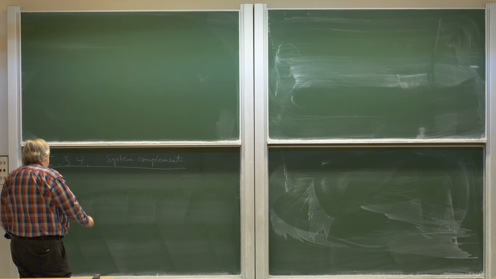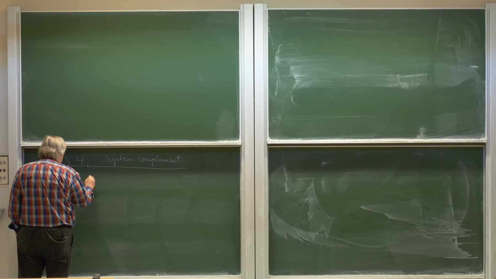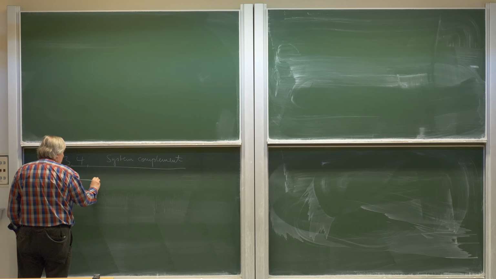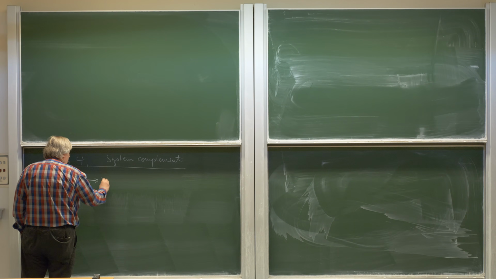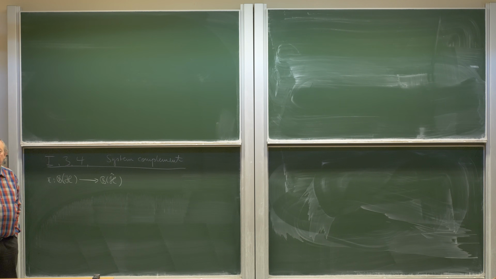So the setting would be that we have two Hilbert spaces, H and H hat, and a representation of B of H in B of H hat. This is exactly what Stinespring dilation gives us.